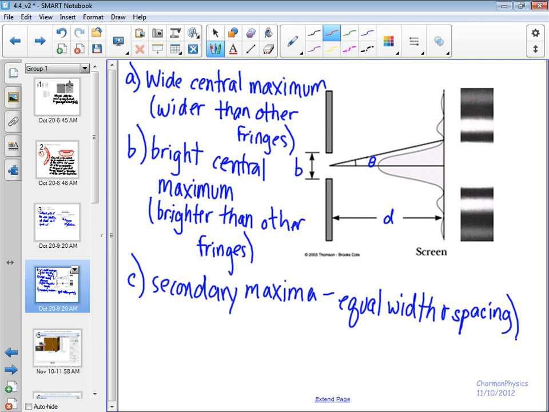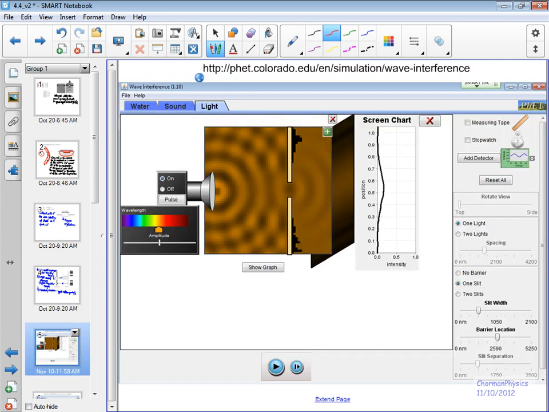Say this was for light, we end up with an interference pattern, which is these different bands of light and dark. And that's telling us that light is causing constructive and destructive interference. I actually have this image right here. I've changed the colors on this so it looks a little pixelated.